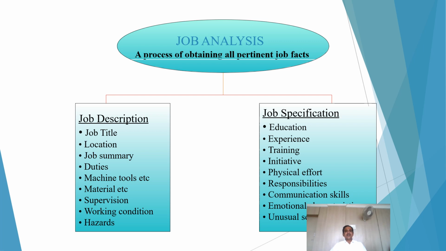Here we are going to compare both job description and job specification. Job description, I already told you, covers the duties, the location of the job, the job summary, the machine tools to be utilized by that particular role, the managerial ability needed for performing that role, what kind of supervision is required, and the working condition, in the sense of work environment.